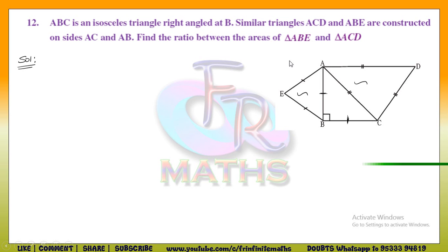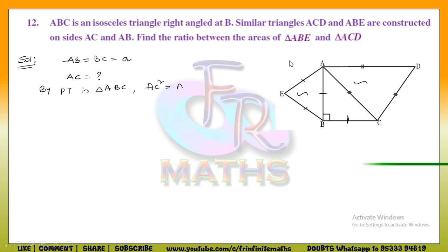Okay. So for suppose, I am going to consider AB is equal to BC is equal to some A. If I consider AB is equal to BC is equal to A, then automatically if I want to find AC, that is nothing but the hypotenuse, what I should do? I need to apply Pythagoras theorem, right? So by Pythagoras theorem, in triangle ABC, what I can say?